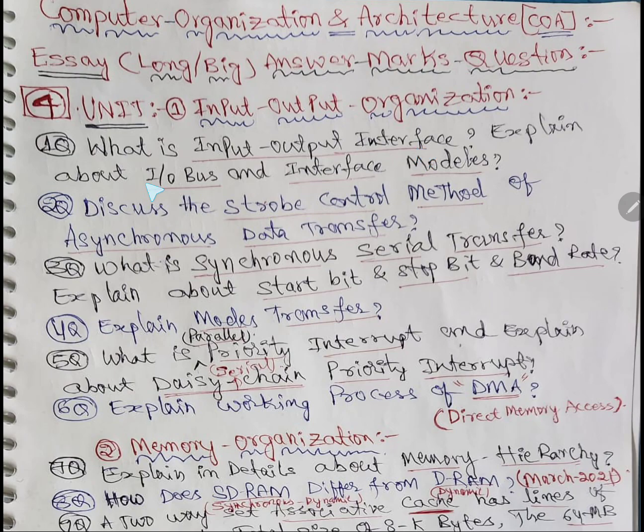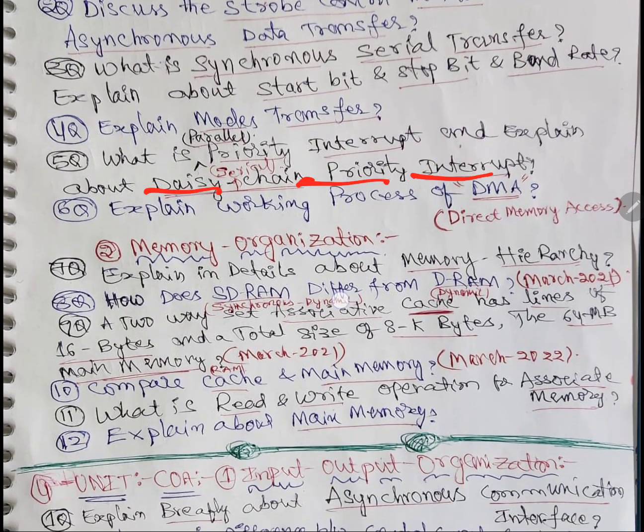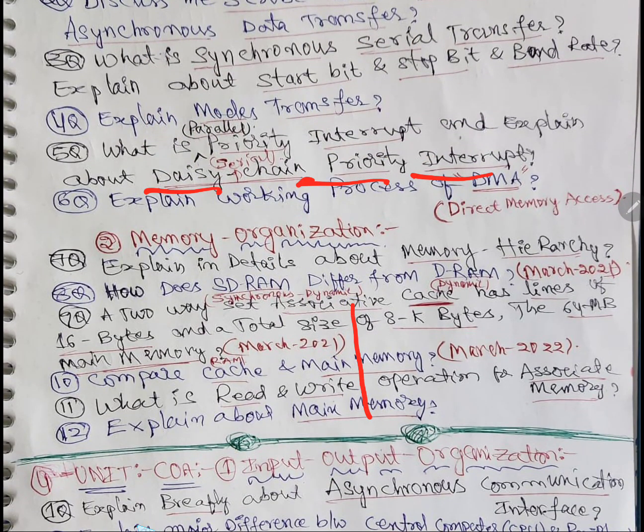In fact, explain about input output buses and input output interface models. Very simple, buses and interface model. This has a diagram and I explained this. I already shot the video on this. But sometimes you will get questions that are twisted. What is the difference between, for example, I will show you in the short marks questions here.